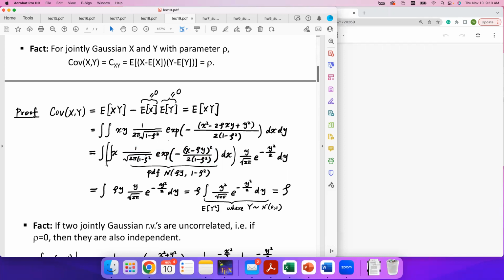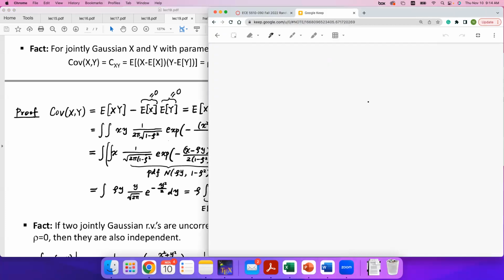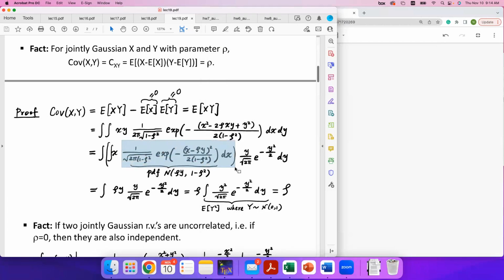So inside this big parentheses, we are basically computing the expectation of X. Now this is the PDF, a Gaussian PDF of X, so it's X minus the mean, divided by the sigma squared.